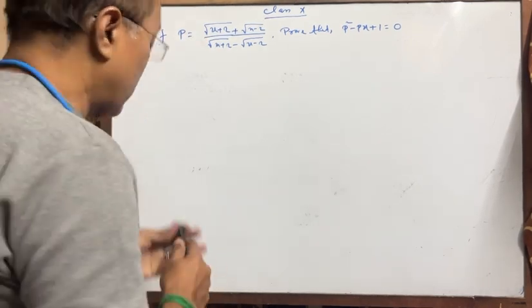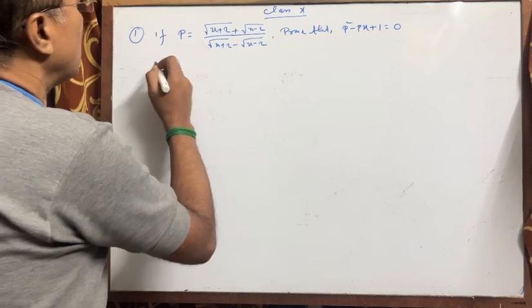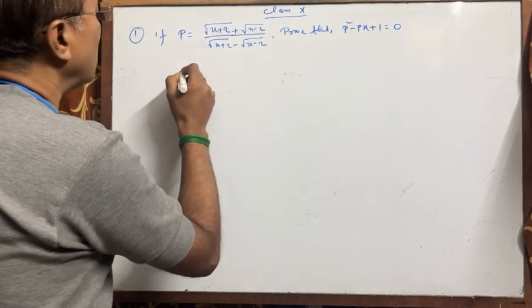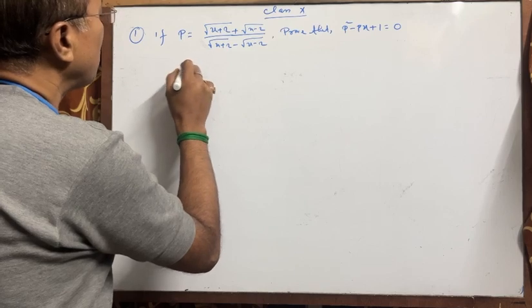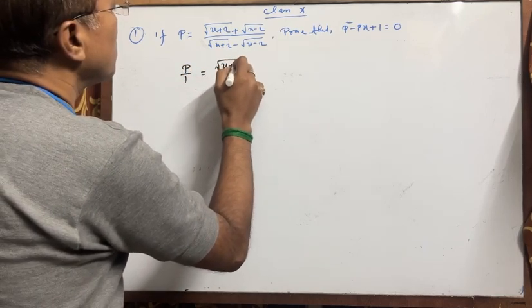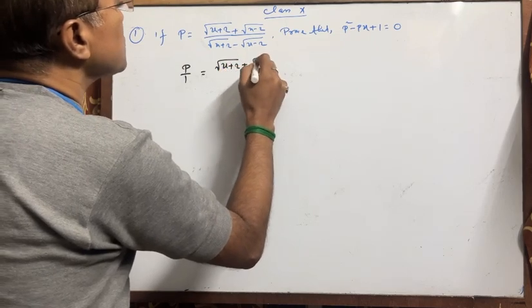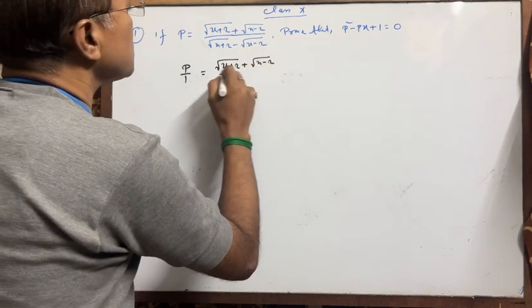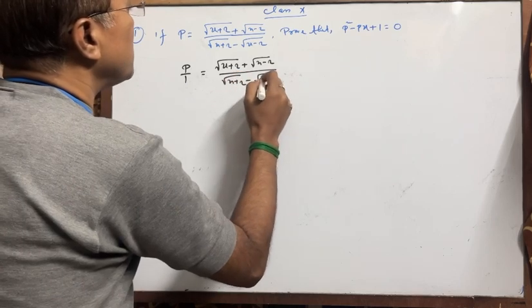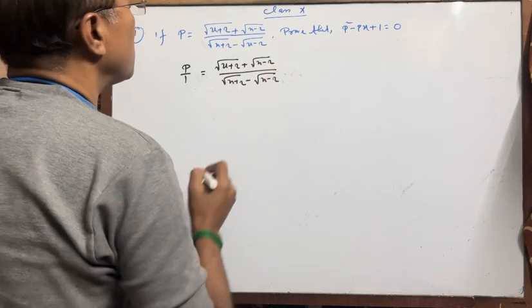So let's start. p by 1 is equal to root over x plus 2 plus root over x minus 2, divided by root over x plus 2 minus root over x minus 2.